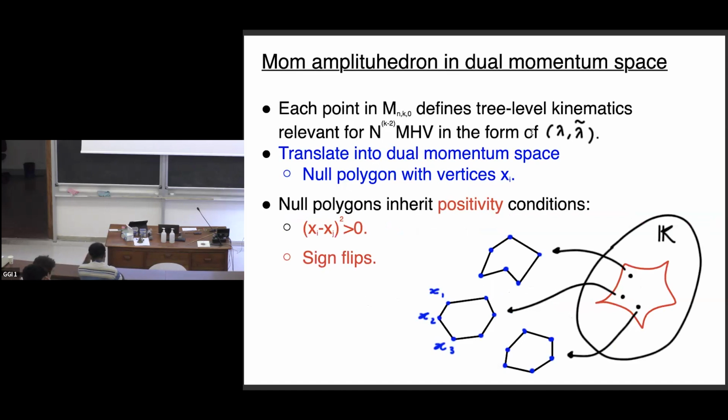The sign flip conditions are part of the definition of the geometry you get for the amplituhedron, or momentum amplituhedron.